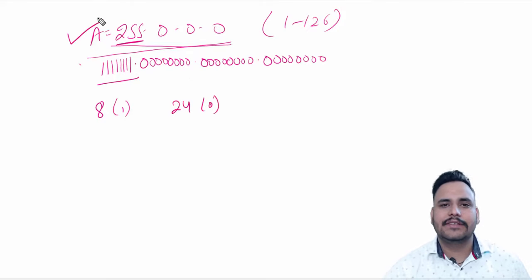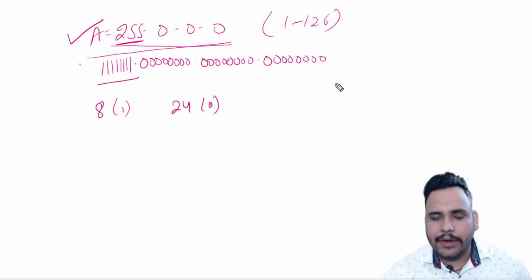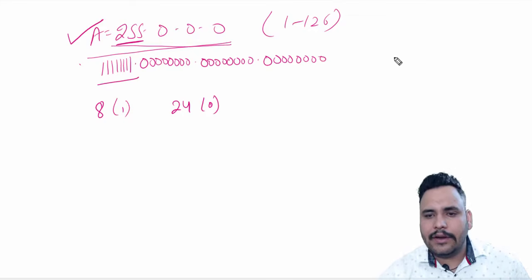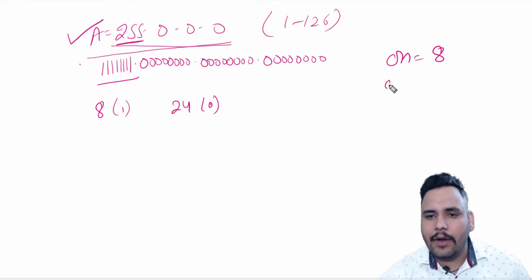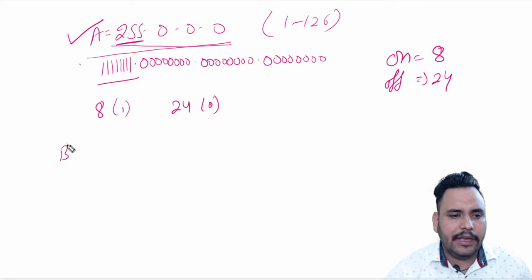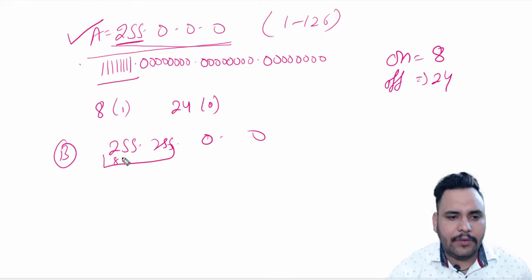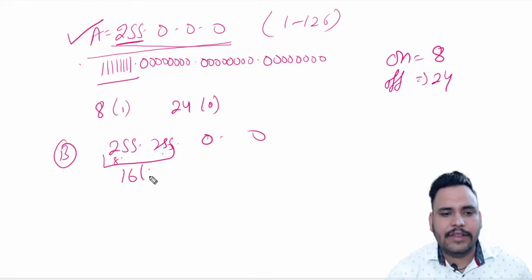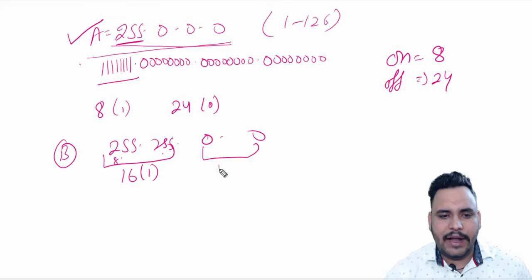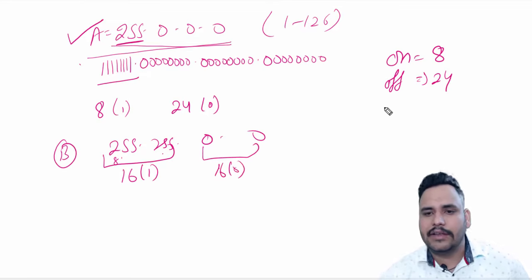It means the on bits in A class are 8 and the off bits are 24. Similarly, if we give a B class IP address with subnet mask 255.255.0.0, then there are 16 ones and 16 zeros in B class.